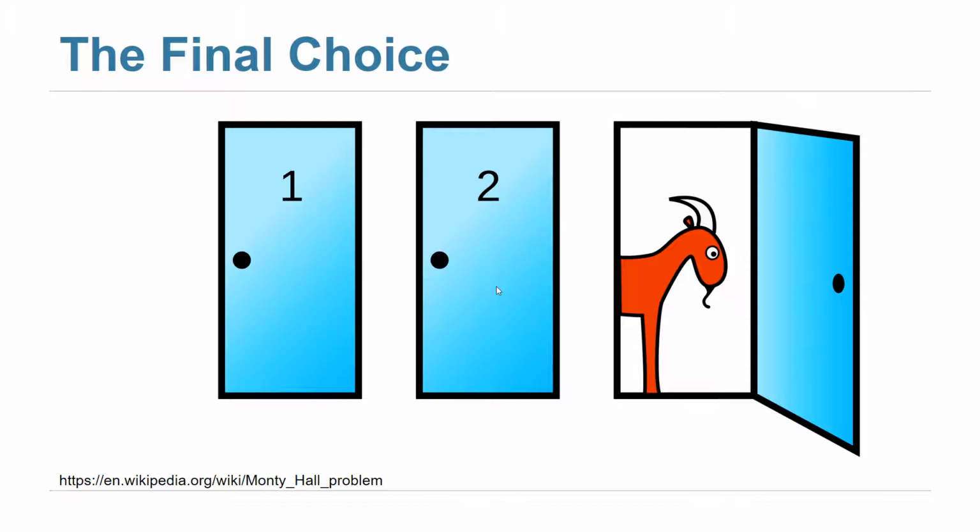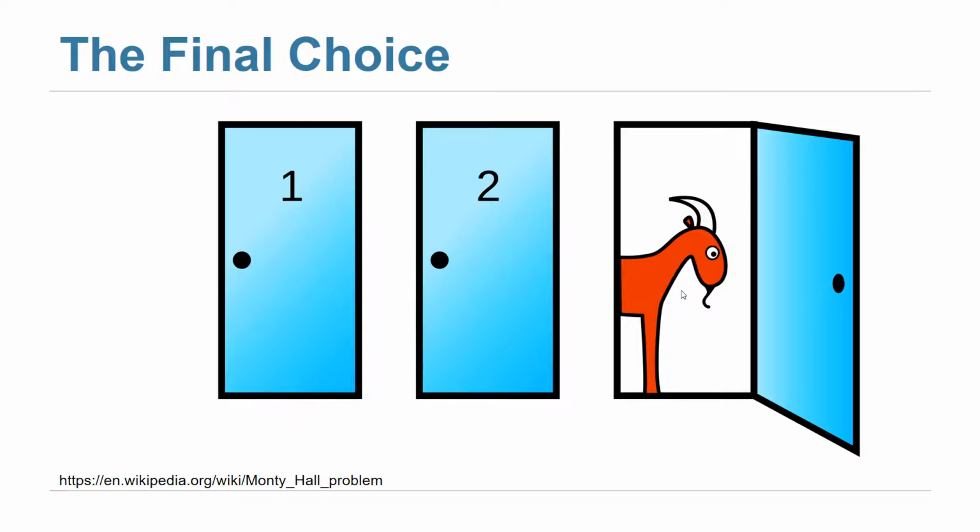The game didn't end yet. Now you selected door number 2, and Monty revealed one of the other two doors to be a goat.